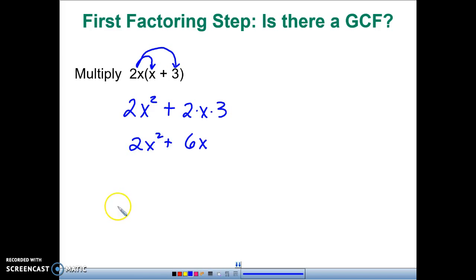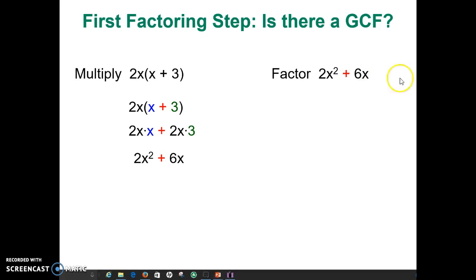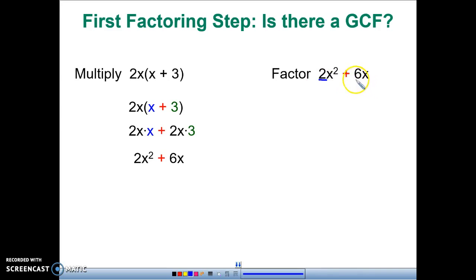Okay? I wanted to show you the process of multiplying before I reverse that process. Now I'm going to take this product. I'm going to start with the product, and we're going to factor out the GCF. So between the 2 and the 6, what's your greatest common factor? Yeah, it's 2. Between the x squared and the x, what is common between the two of those? Just a single x.